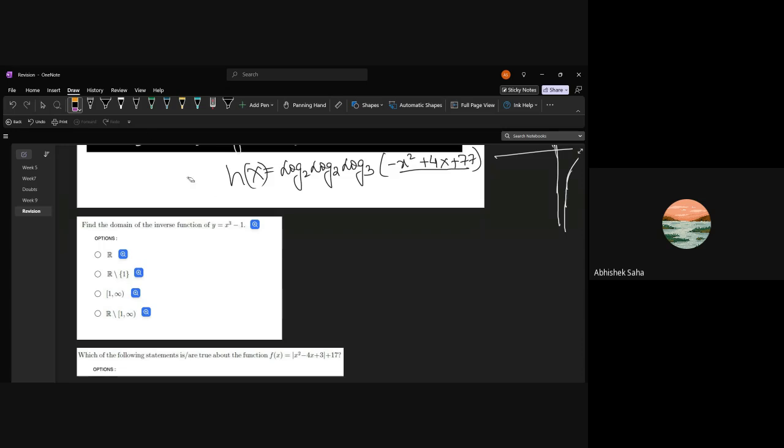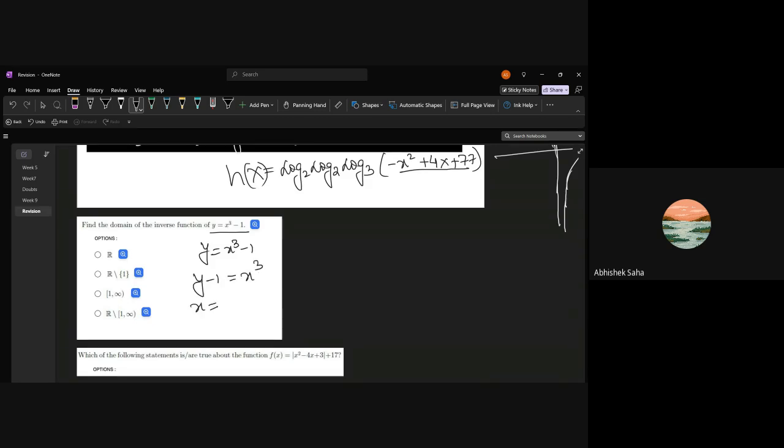And how to calculate the inverse expression, whatever the inverse function you can calculate. Here this function is written in terms of x, right? Why in terms of x? So now you have to write x in terms of y. For that, what I will do, I will write y equals x cube minus 1. Now, put this minus 1 to the left hand side. y plus 1 is equal to x cube.